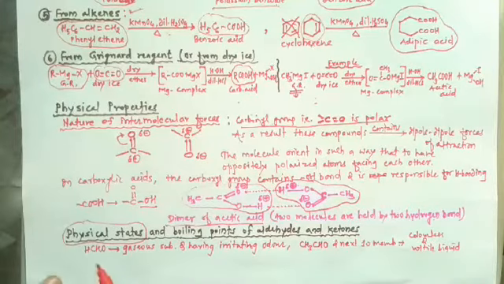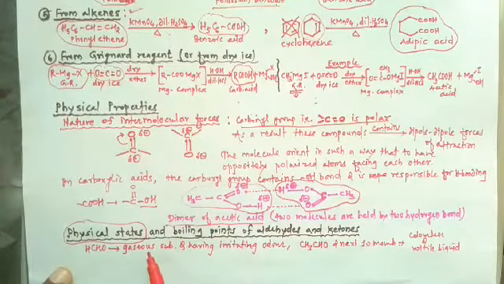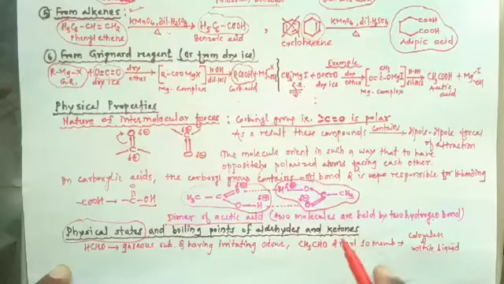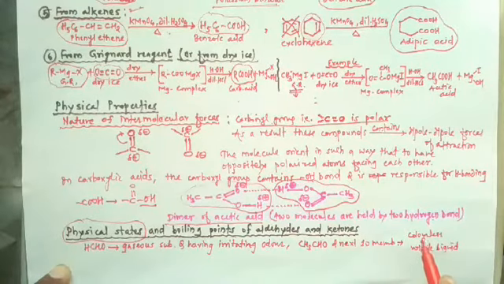So the first member, formaldehyde, is a gaseous substance with an irritating odor. Then the next member, acetaldehyde, and the next 10 members are colorless and volatile liquids.